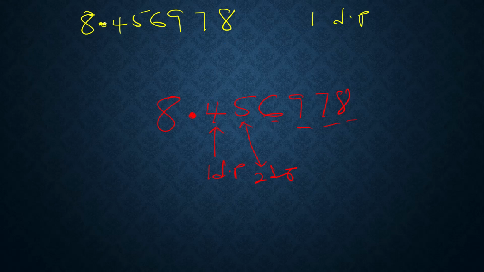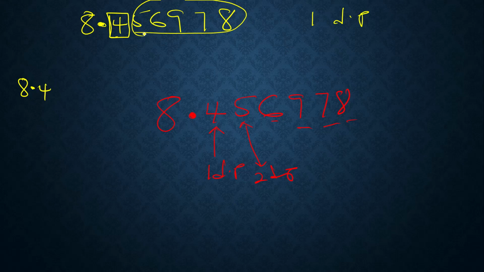This is 1 decimal place, so just focus on it and look at the next number. We have a rule here: if the next number is less than 5, we just ignore everything after and write the answer as 8.4.